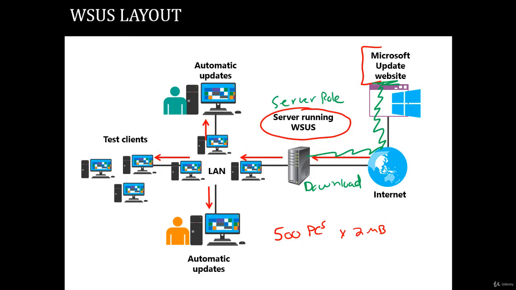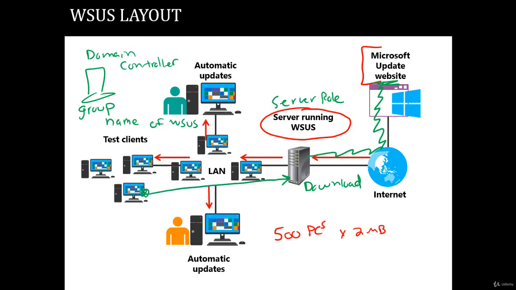The configuration of this, I don't have in the picture, so I'm going to draw a domain controller. We will go through group policy on the domain controller. I'll define the name of the WSUS in group policy. That tells my client computers they now need to connect to this, not to Microsoft Update, to download updates.